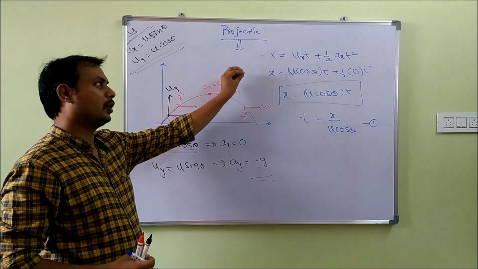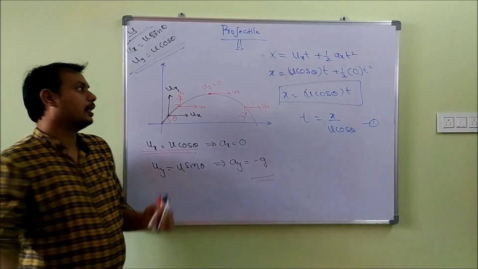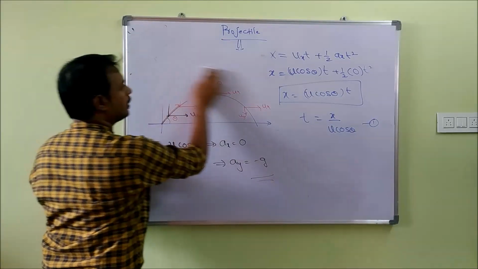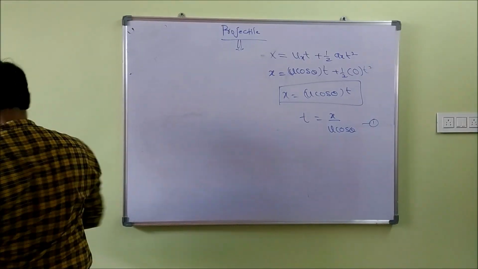The horizontal component of velocity into the total time gives the range, the horizontal distance. So this is with respect to the x-axis. Now I am writing with respect to the y-axis. That is y equals uyt plus half ayt square.